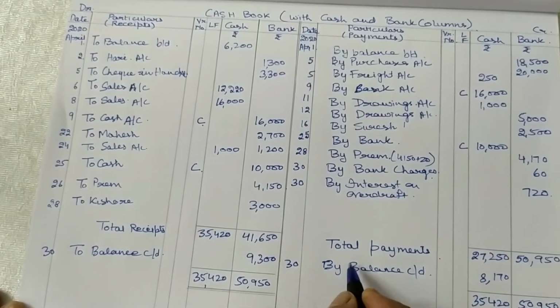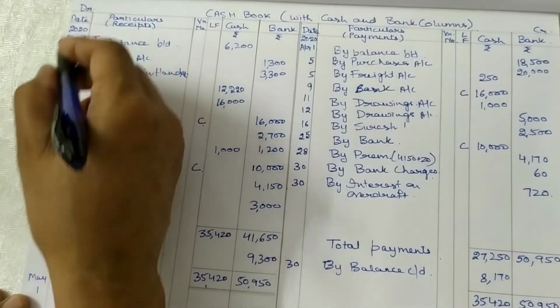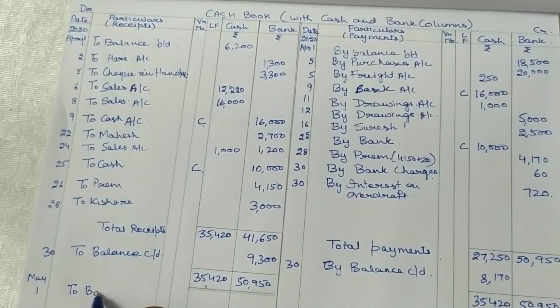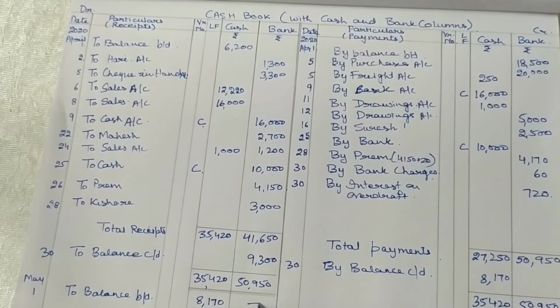Now you have to bring down this balance to May 1, the first day of next month. By balance brought down. This 8,170 is in cash column, so you have to write 8,170. This is nil.